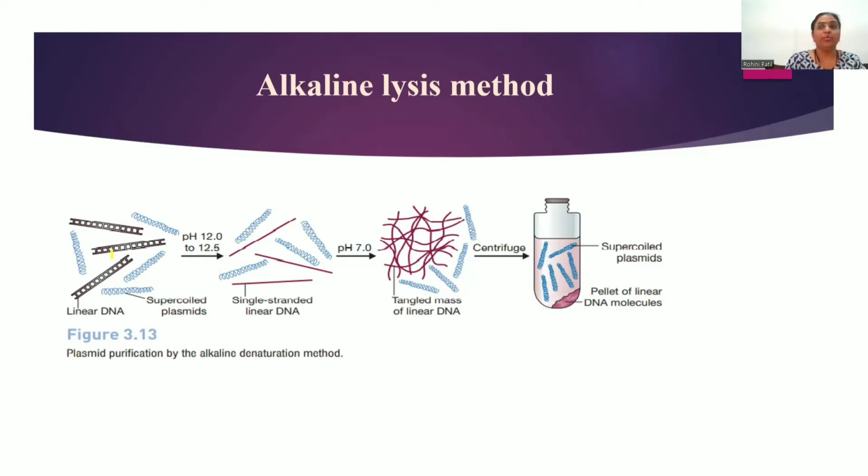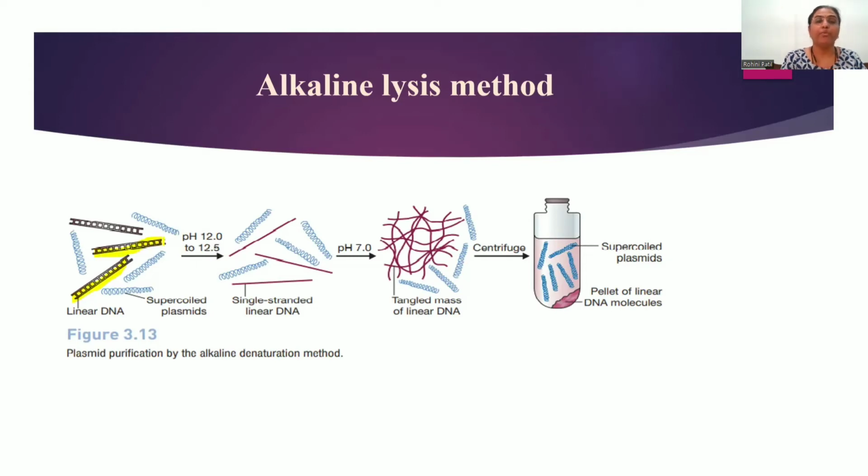When we added the alkaline lysis solution 1 and did the vortexing, the genomic DNA was cleaved into fragments. The fragments of the genomic DNA are formed. That is the linear DNA.